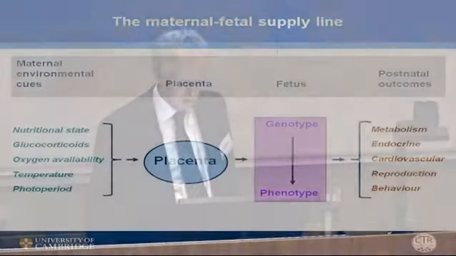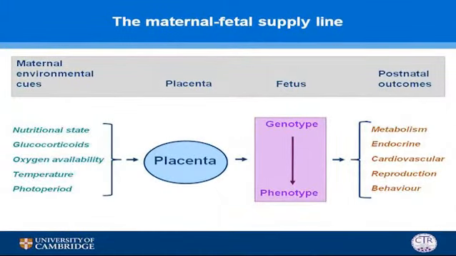So the perspective we wanted to bring to David was that there is this structure, the placenta, that is between the mother, her nutrition, and the fetus. And so we've got the maternal environmental cues here, and Tom has just alluded to some of those, in nutritional state. There'll also be her glucocorticoid levels, the oxygen availability, temperature and photoperiod can all interact through the placenta, and that will respond, as Tom has said, to some of these cues and adapt.